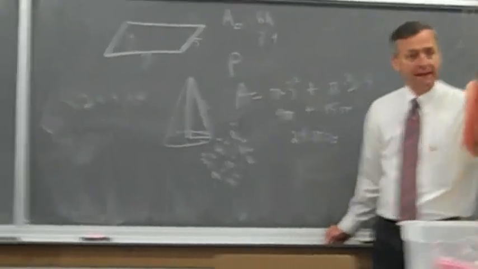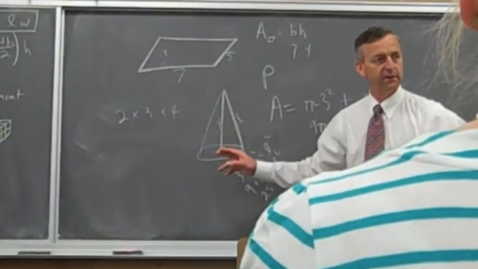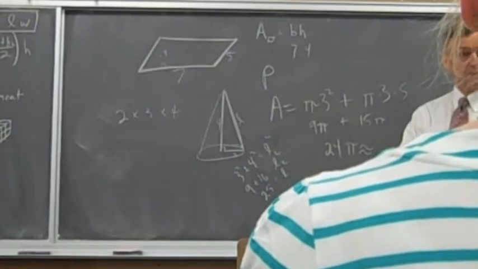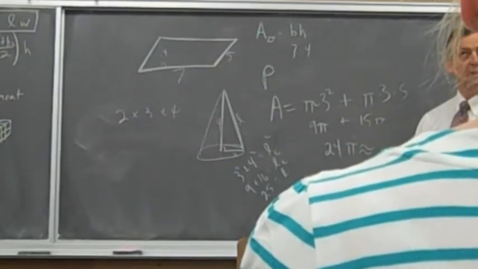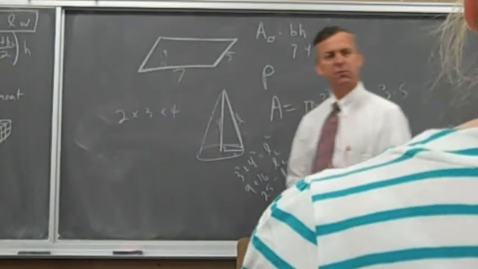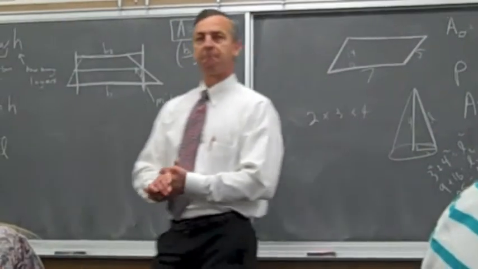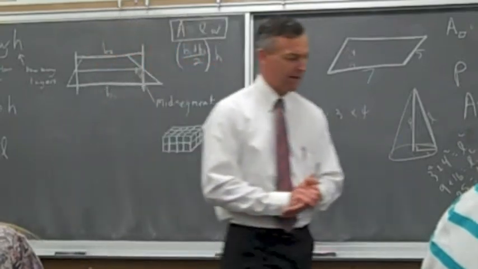But if we were going to paint, if this was 3 feet and 4 feet, you might want to do that to see how many square feet there are, so that when you go buy your paint, you could. Pi doesn't tell you, but that's when you might want to do that. Anybody else have a question? All right.